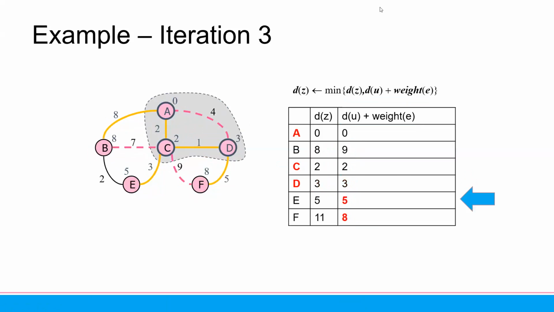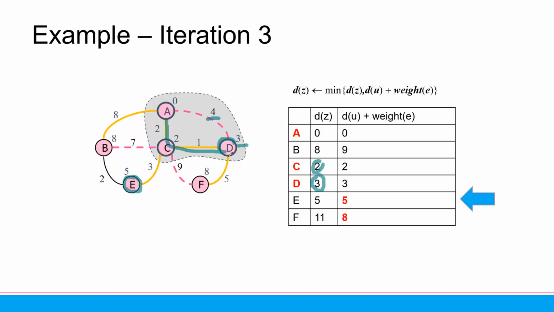We put A, C, and D into the cloud. Now we will update again. How to update it? If we have A to C is 2, and then A to D, we have 3, not 4, because the shortest path is 3. We can go from A to C to D. Now, what about F and E?